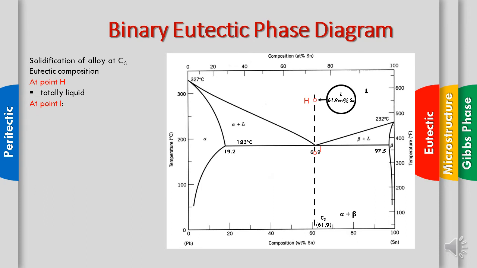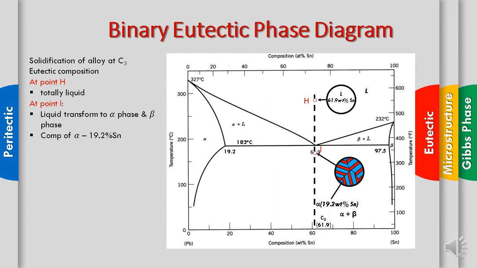And at point I, a little bit below the eutectic temperature, the liquid transforms into alpha phase and beta phase here. The composition of alpha is basically 19.2 of Sn, and the beta composition is 97.5.